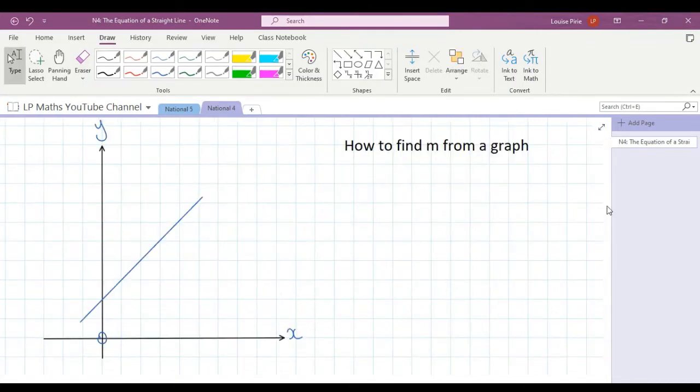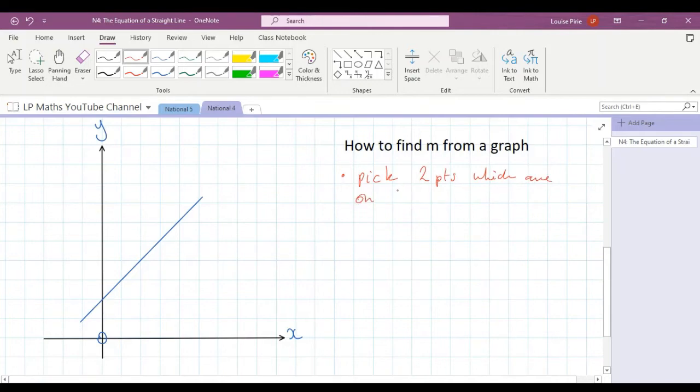So what we're going to do is find the gradient from the graph. The first thing to do is pick 2 points that are clearly on the graph, ones which are exactly on a midpoint for 4 boxes. So I'm going to choose this one here and this one here.